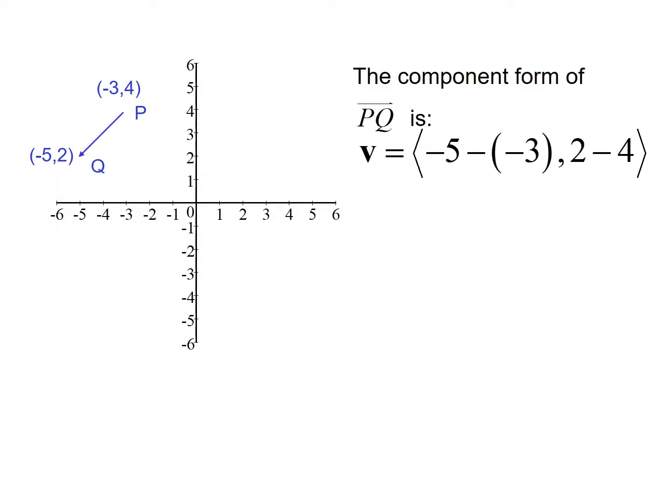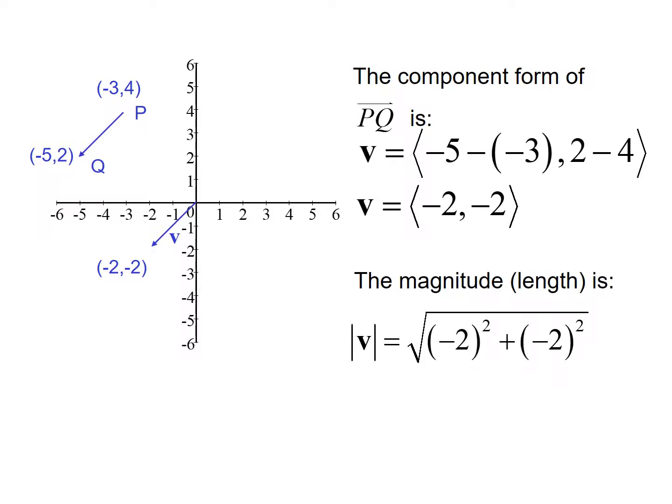So if we want to turn this into component form, we take head minus tail, so -5 minus -3 for the x components, 2 minus 4 for the y components, and we find that vector v in component form is <-2, -2>. So this vector can start at the origin, go left 2, down 2, and you can see it has the same length and the exact same angle as the vector PQ, but now it's in standard position. And we can find the length by taking the square root of the sum of the squares, so that has a length of root 8, or 2 root 2.